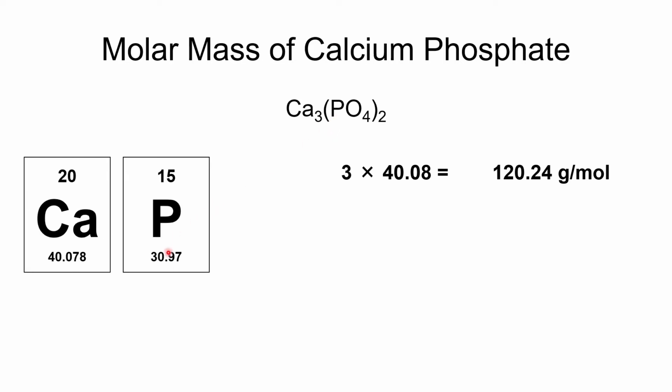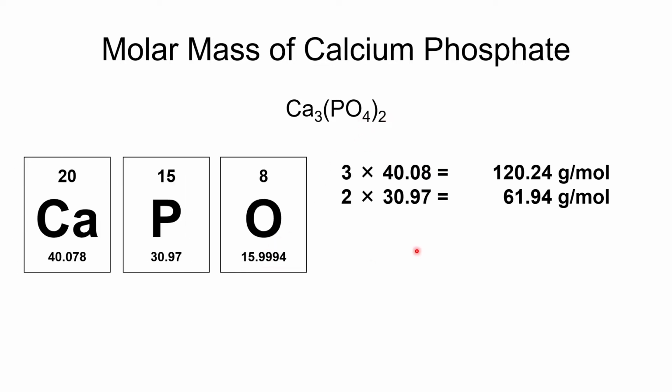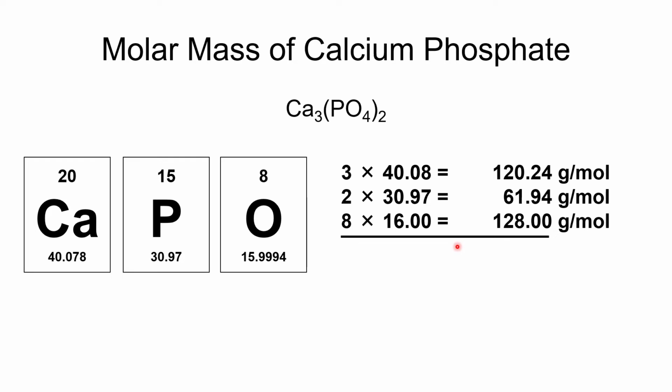For phosphorus, we've got 2 phosphorus atoms, so the 2 outside the parentheses means we need to multiply each of these by that 2. So 2 times 30.97. For oxygen, it's 2 times 4, so we have 8 of those, so 8 times 16.00. When we add all of those together, we get 310.18. All right, so let's look at number 29 on the in-class assignment.